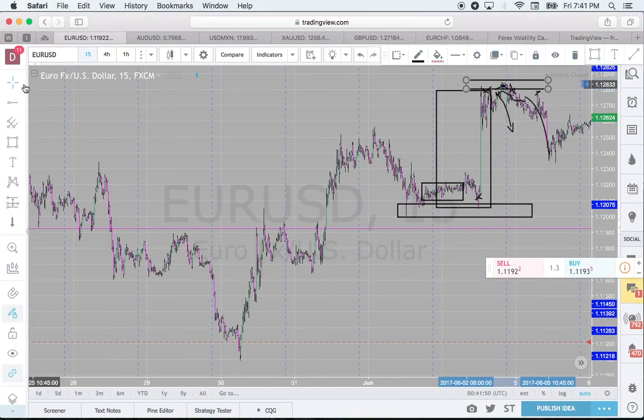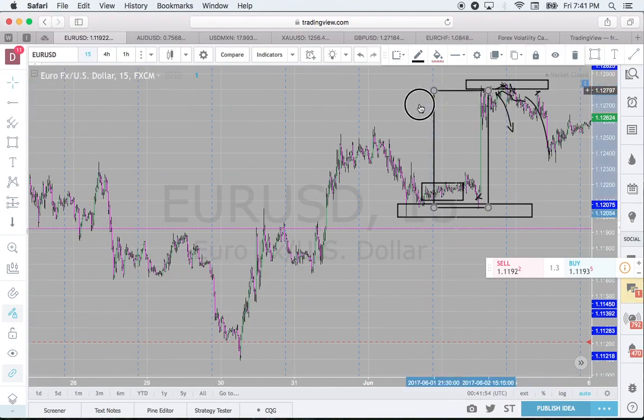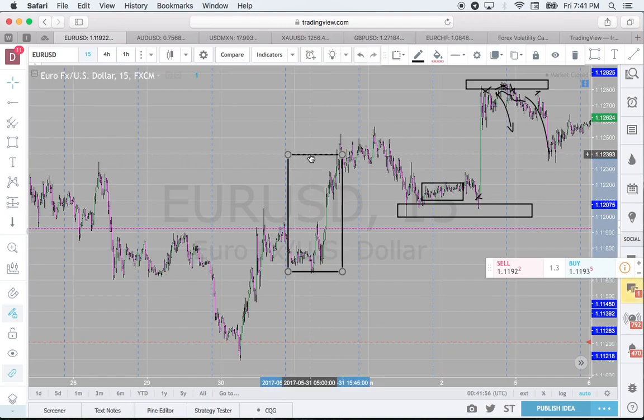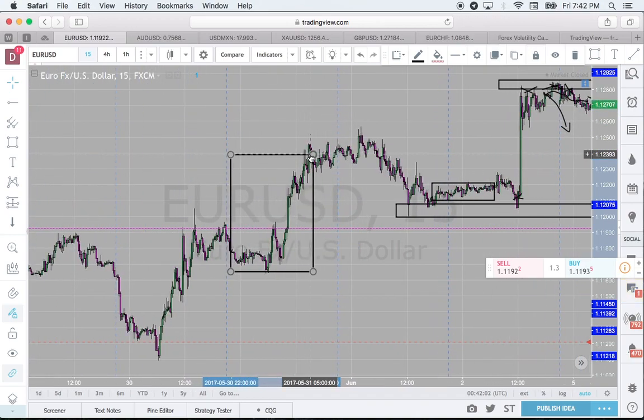So, using this box, we can see visually the daily range. And upon seeing the daily range has been exceeded, we can expect some sort of retracement.